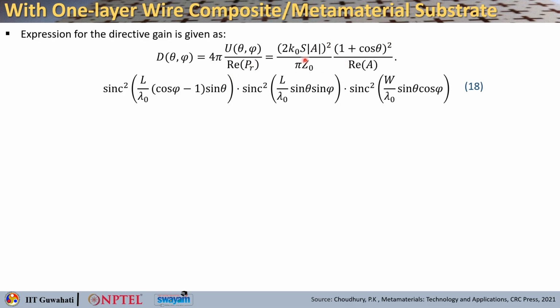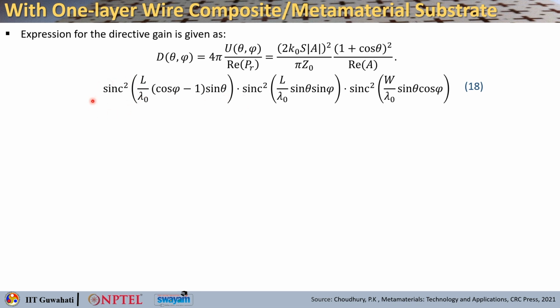When you expand it, you will get 2 k naught S modulus of A whole square divided by pi z naught, okay, times 1 plus cos theta whole square divided by real of A times sinc square. You have these 3 sinc functions, that is L by lambda naught cos phi minus 1 into sin theta.